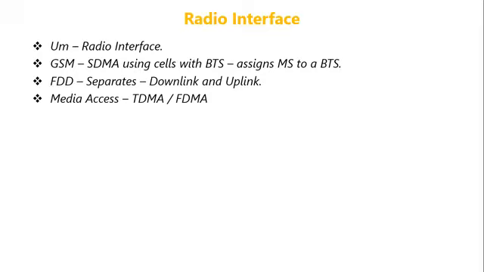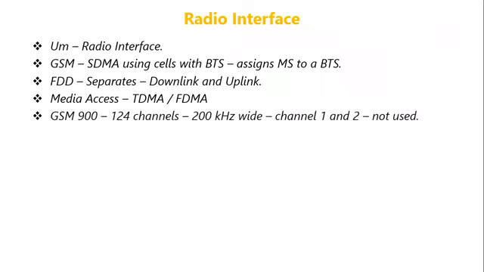If we see GSM 900, it has 124 channels, and each channel width is 200 kilohertz, and it is used basically for FDMA, frequency division multiple access.